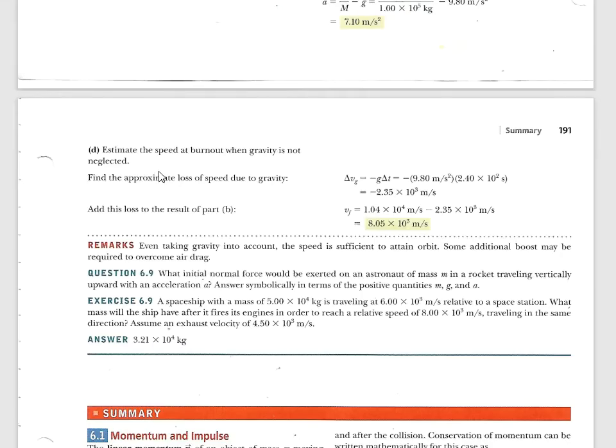So I'm going to cheat and look at the answer, and it says they estimated the speed of the burnout. They found the approximate loss of speed due to gravity. So they calculated 9.8 meters per second squared times 240 seconds, the time of 4 minutes, and they ended up with negative 2.35 thousand meters per second.